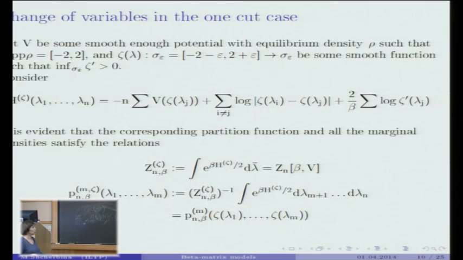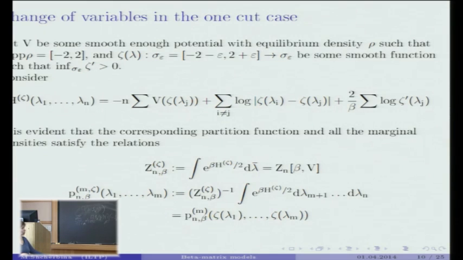And of course, if you do this transformation, you can obtain the new Hamiltonian. And here I just put, instead of lambda, zeta of lambda, and here also. And this term appears because of the integration.